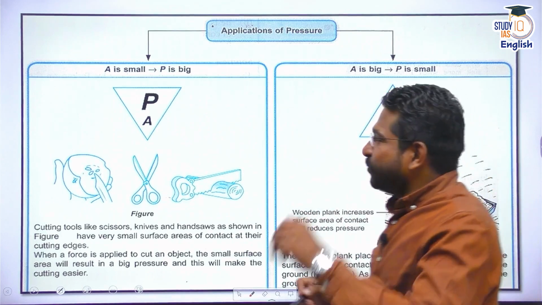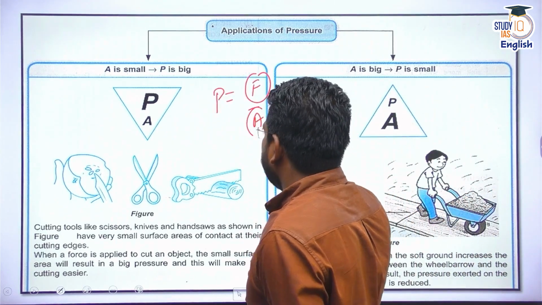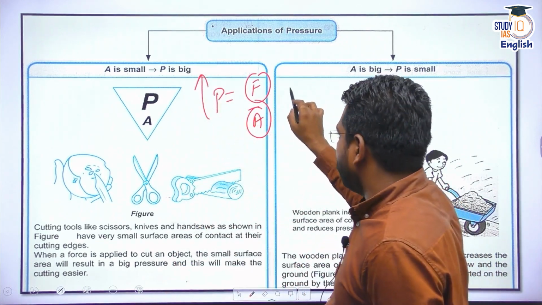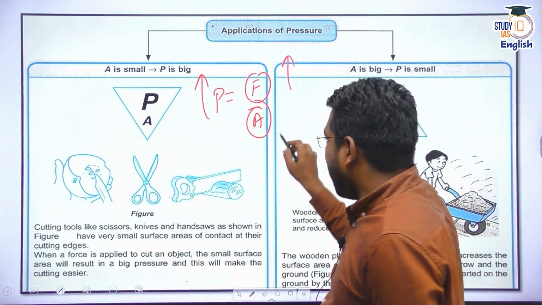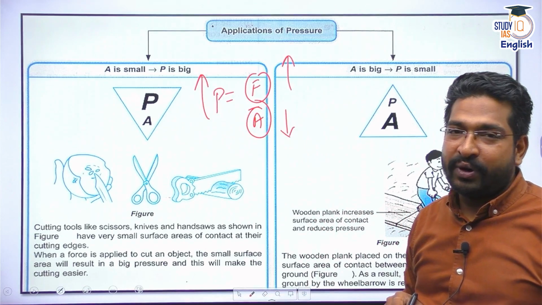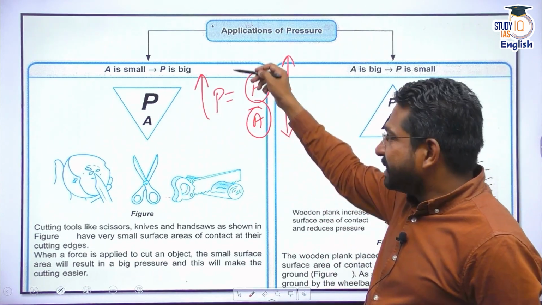Now, as I told you, pressure is basically equal to force by area. That means the pressure will be more and more if the force is more and if the area is less. That's what I told you. All right. If area is increased, if more and more area is increased, then the pressure would be low.